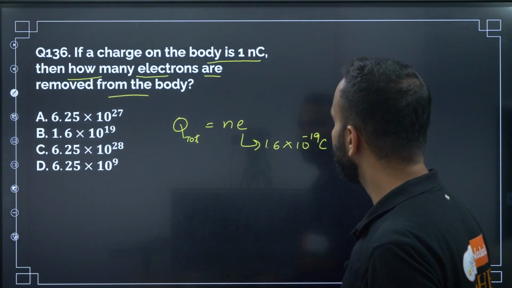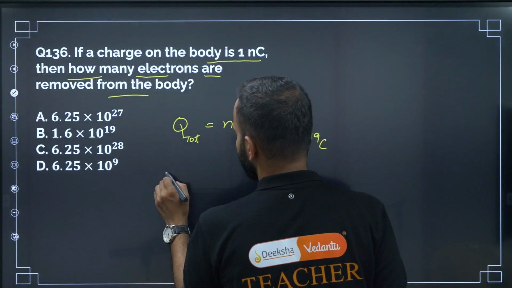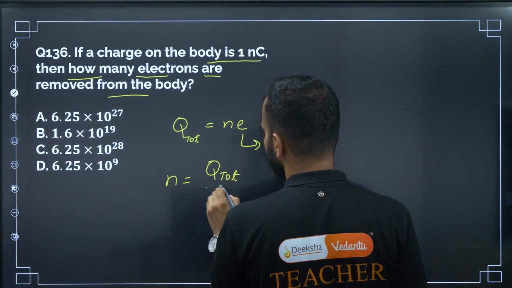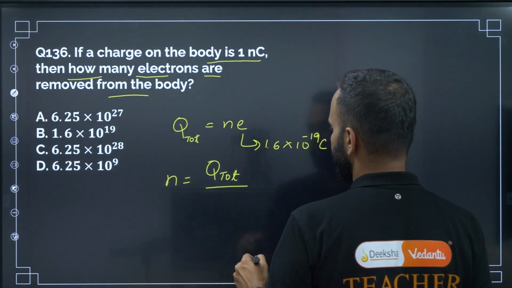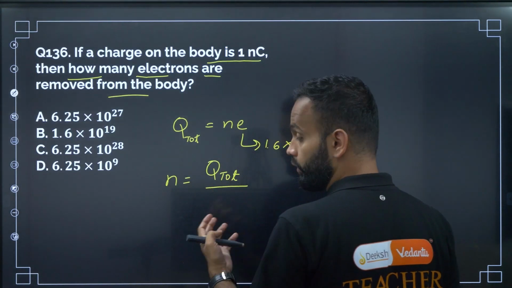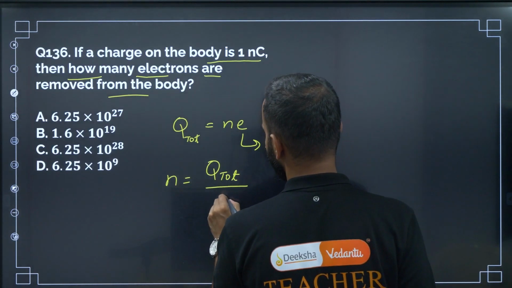So we need to find the number of electrons removed from the body, right? So now number of electrons removed from the body is equal to total charge of the electrons divided by e.